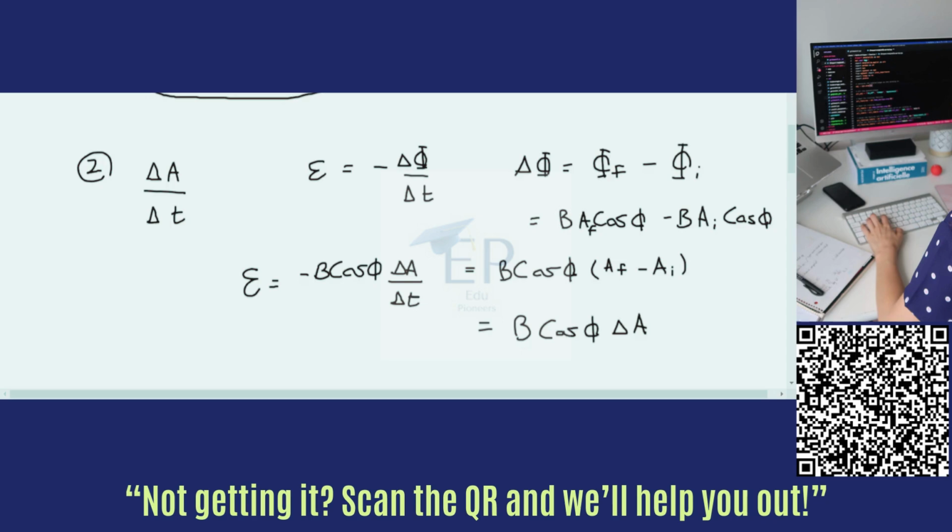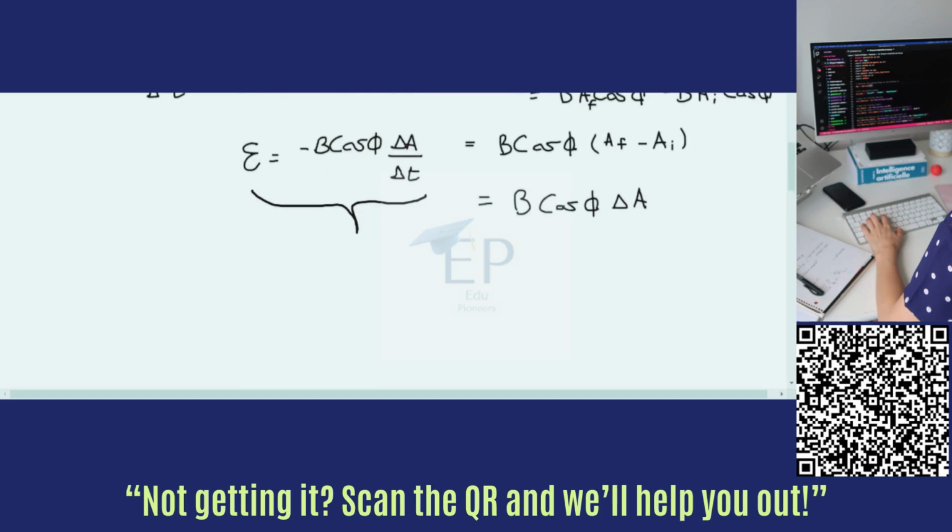So now we have our induction law in terms of delta A and delta t. So if we solve this for delta A over delta t, means we'll have to divide both sides of this equation by B cosine phi. We will have E, the induced EMF, over B times cosine of phi. And this is going to be negative.